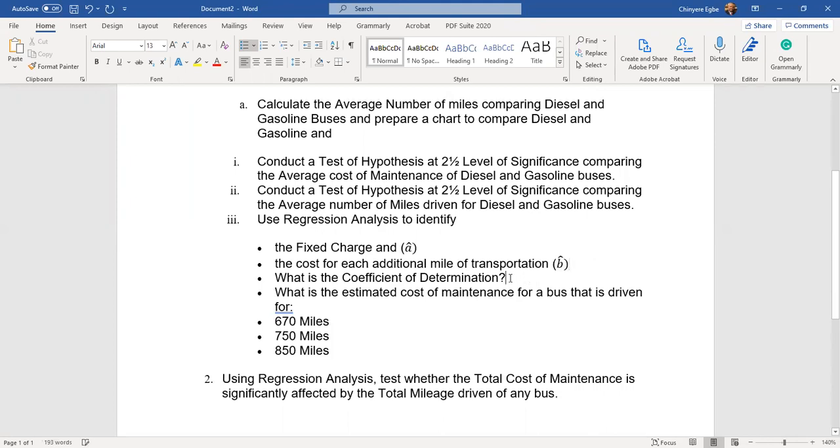So now we're going to calculate the coefficient of determination.